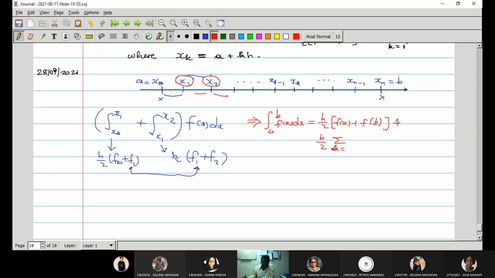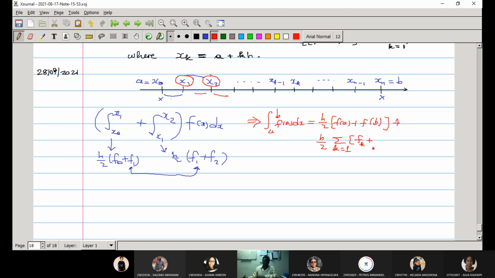Now k will take the value 1, because for 1 I have two terms, and then here I have f sub k plus f sub k minus 1. I cannot say k minus 1, because if k is equal to 1, k minus 1 will be 0, which is already here.